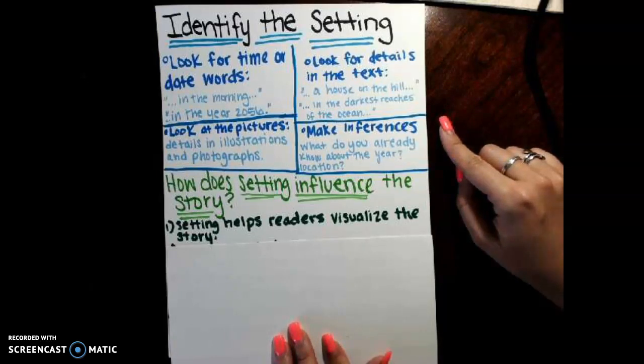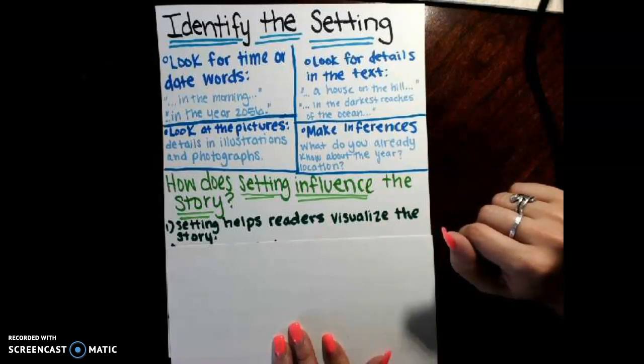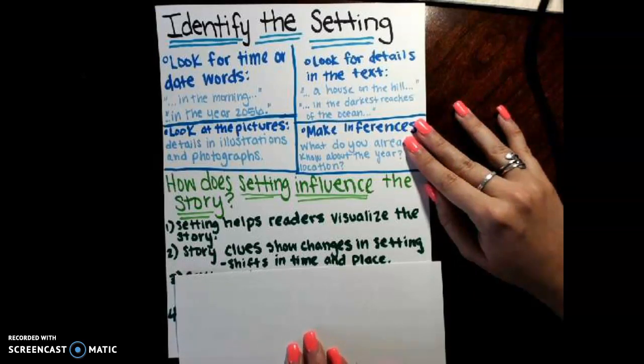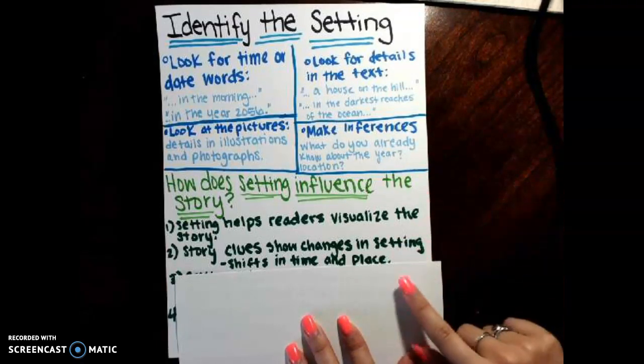The setting is going to help us put the character in a place and maybe a time or a certain date of the story. Story clues show changes in settings. Maybe my setting changes throughout the story. There's going to be clues. What can I look for in the story to tell me the setting has changed?